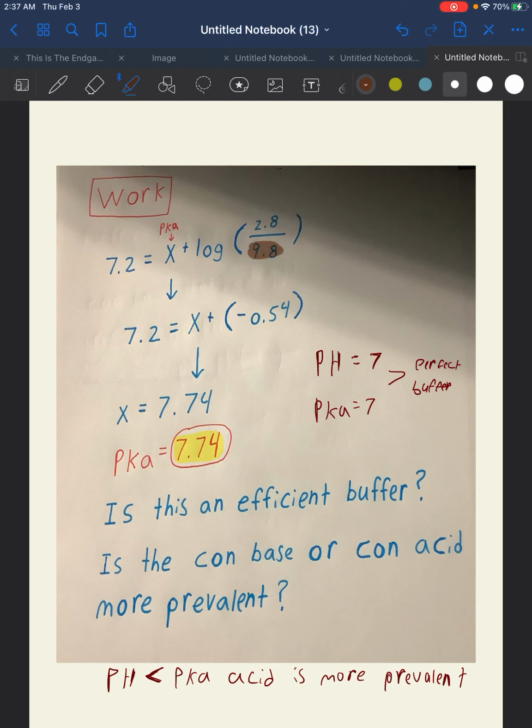The acid concentration is on the bottom and the base concentration is on the top, and overall we can just visually see that the acid is in higher concentration than the base. So this just proves that concept is 100% accurate.